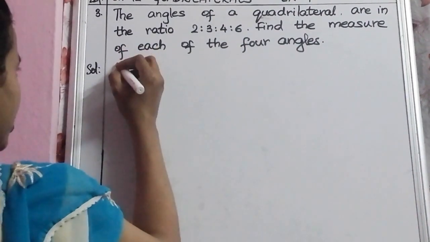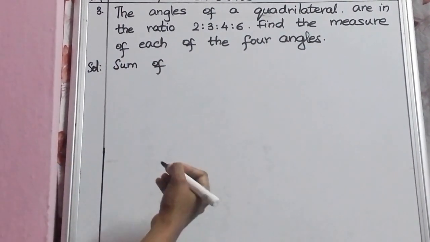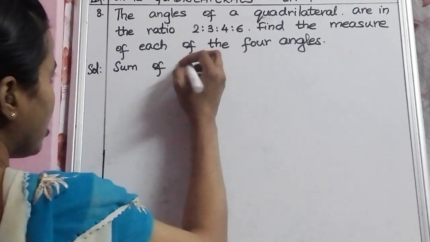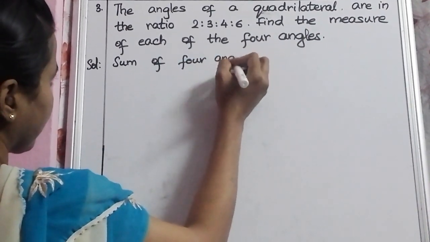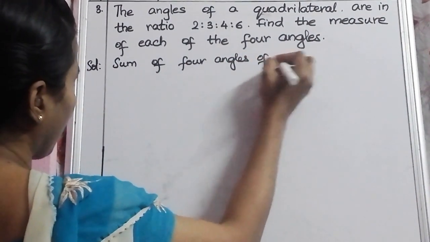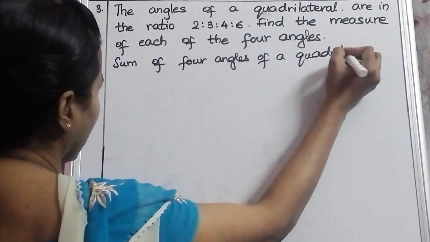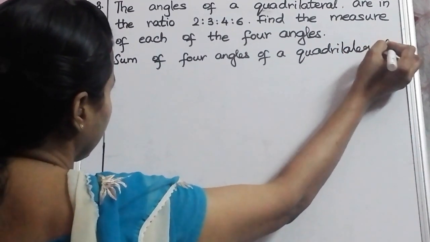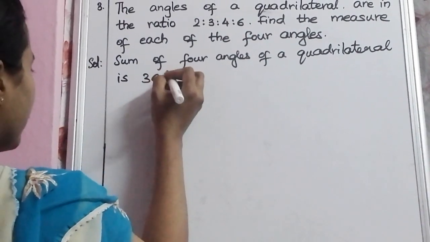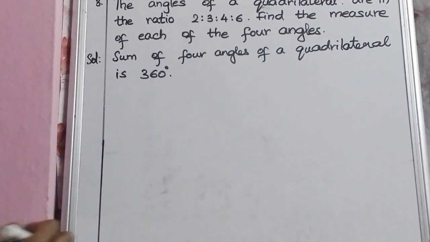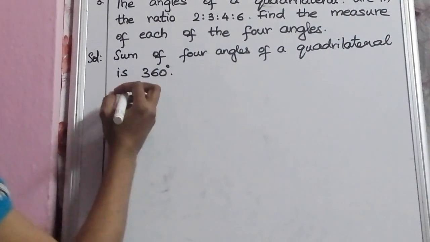You know that the sum property of a quadrilateral, sum of 4 angles of a quadrilateral is 360 degrees.